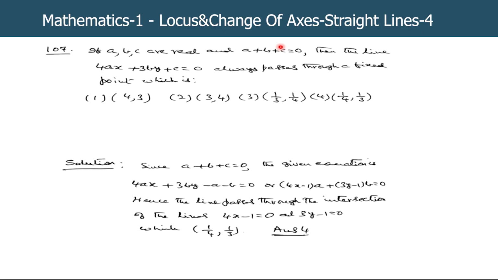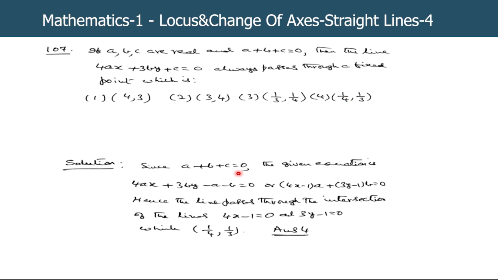107. If a, b, c are real and a plus b plus c equal to 0, then the line 4ax plus 3by plus c equal to 0 always passes through a fixed point, which is: 1) (4, 3), 2) (3, 4), 3) (1/4, 1/3), 4) (1/4, 1/3).